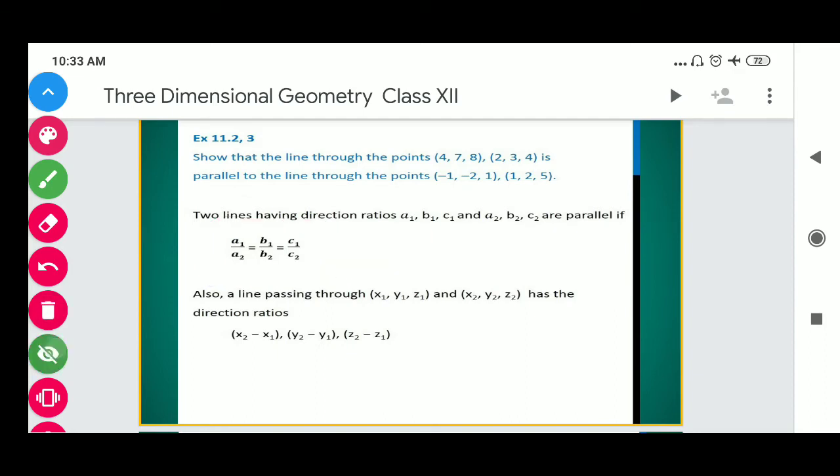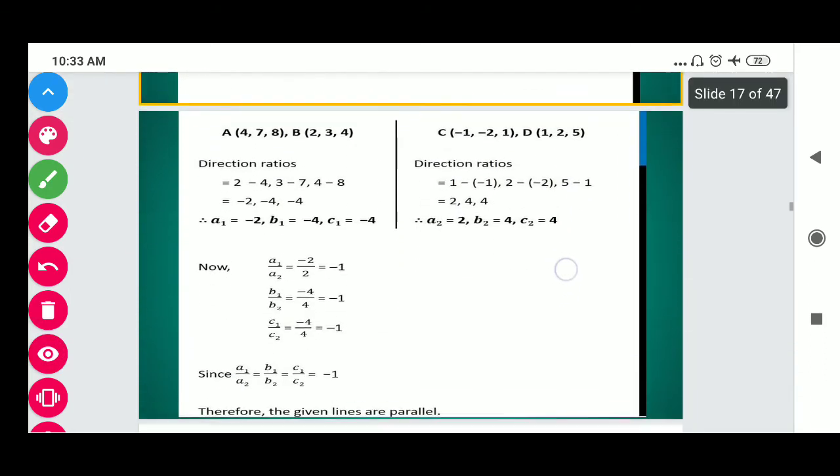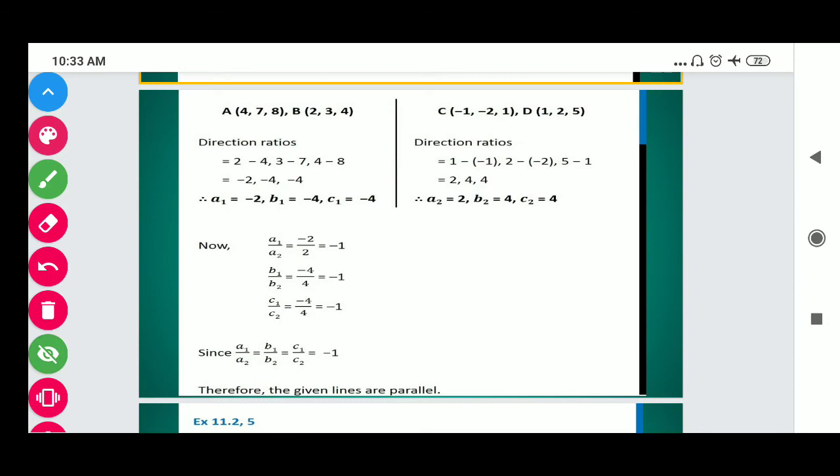Also, a line passing through the 2 points has the direction ratios x2 minus x1, y2 minus y1, z2 minus z1. So here we have 2 points A, B. Direction ratios of AB will be 2 minus 4, 3 minus 7, 4 minus 8. So here a1 is minus 2, b1 is minus 4, c1 is minus 4. In the same way, we calculate the direction ratios of CD.